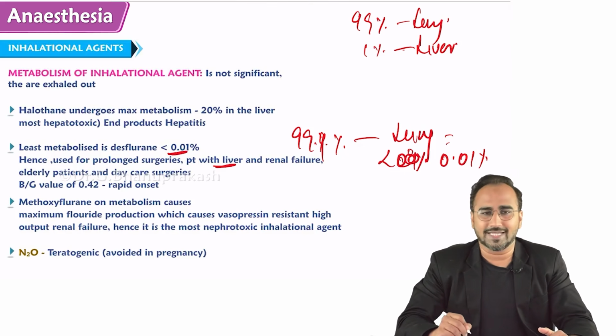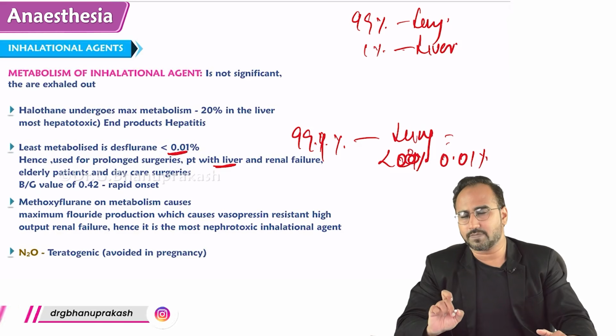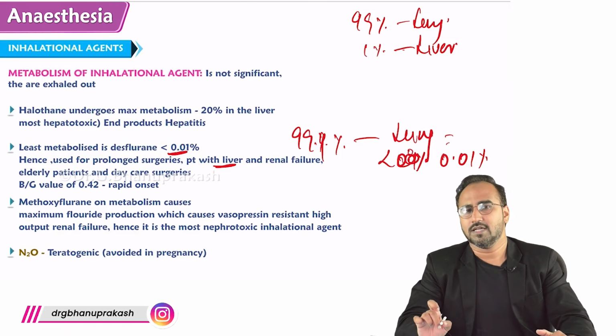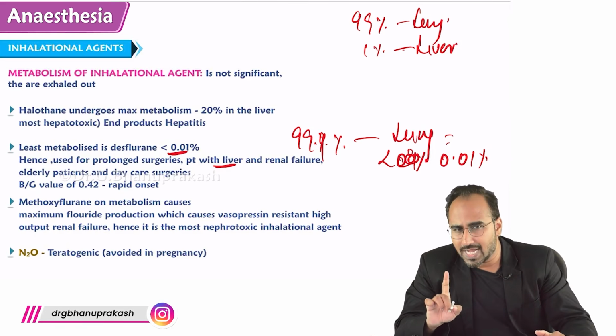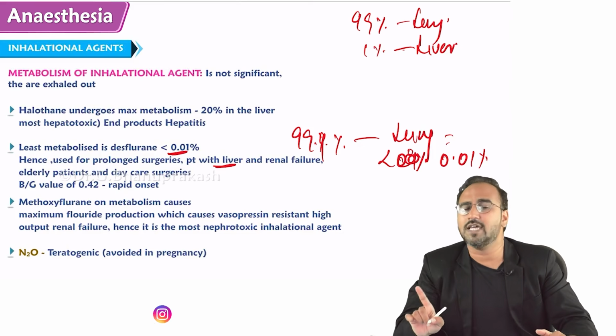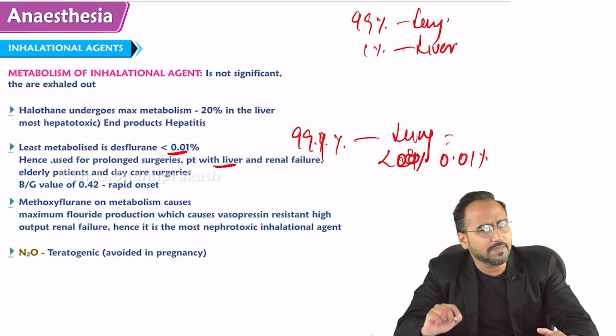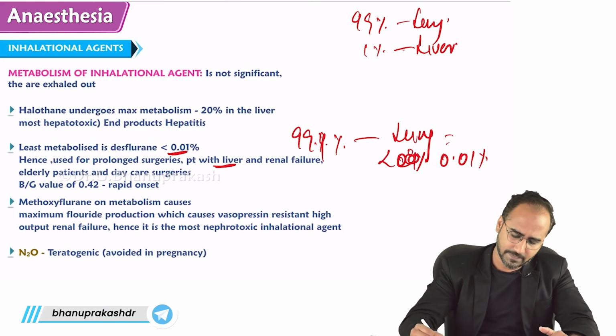If a patient has hepatic failure, what inhalational agent will we give? Will you use halothane or Desflurane? We will give Desflurane, because it is least metabolized in the liver. It has nothing to do with the liver.